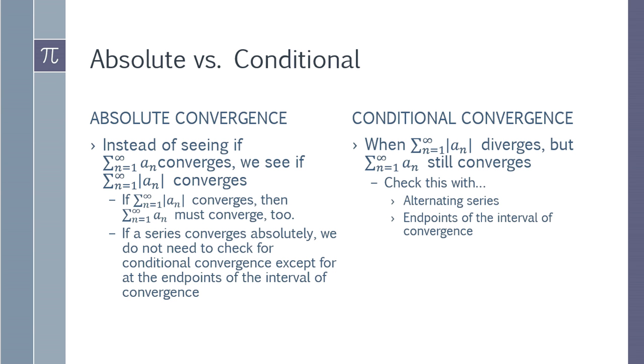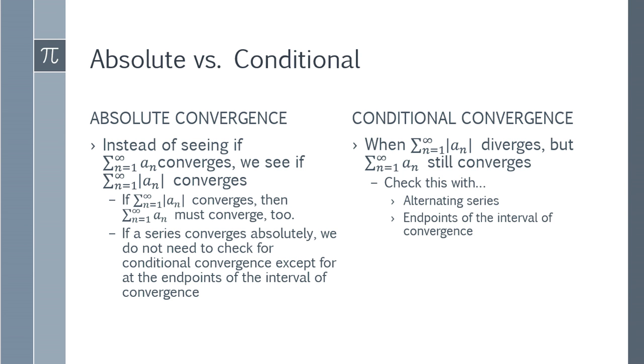So first, just some definitions. When I'm talking about absolute convergence, what we're doing is, instead of seeing if our original series converges, we look at the series of the absolute values of each term being added. If the series of absolute value terms converges, our original series must converge too.